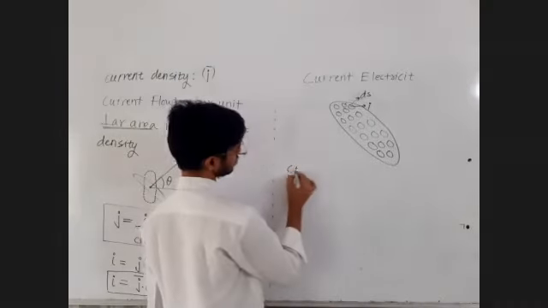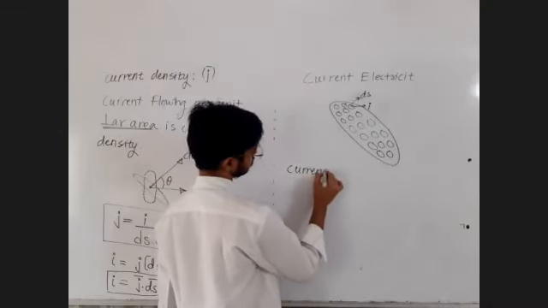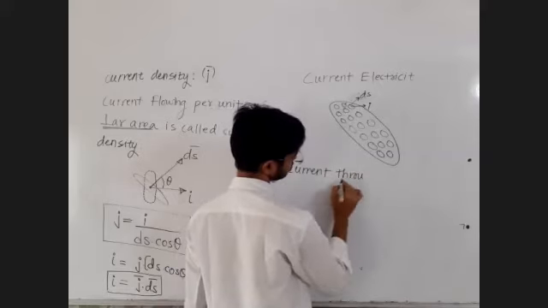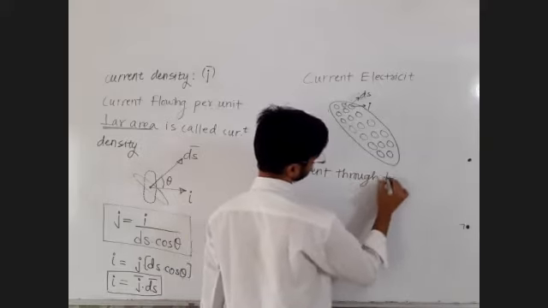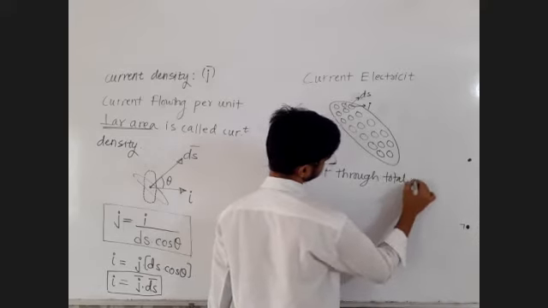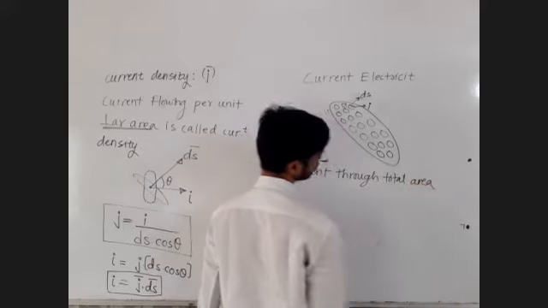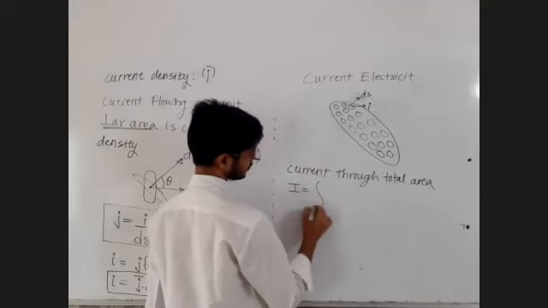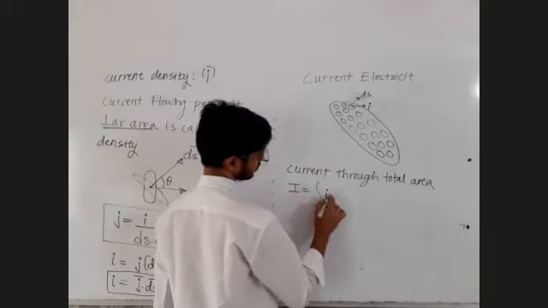So write down: current through total area, let us call that capital I, which will be equal to integration of i.